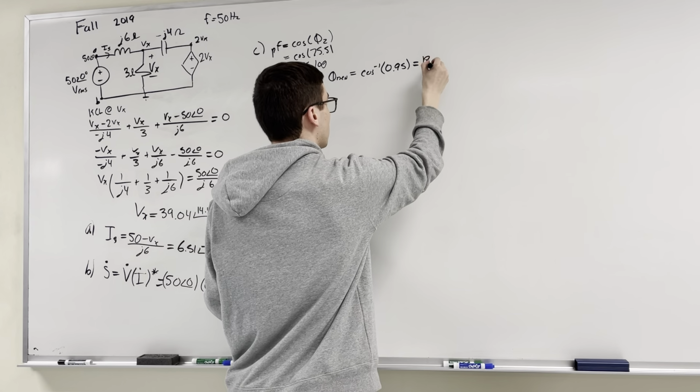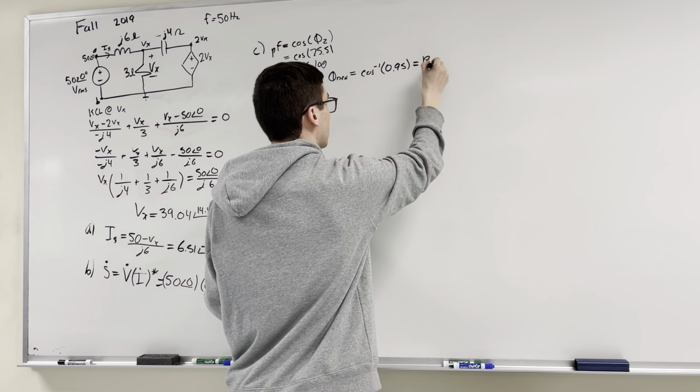Since we only added a reactive element, the only thing that should change is the reactive part of our complex power. So the complex power new is going to be equal to P old plus jQ new.